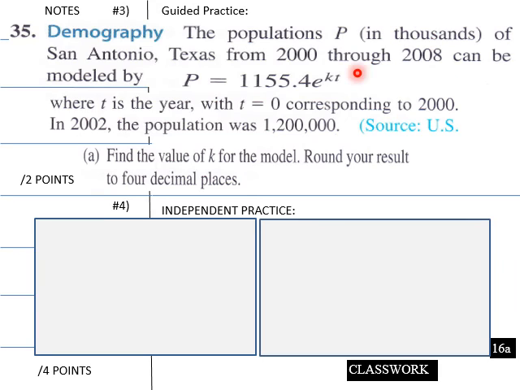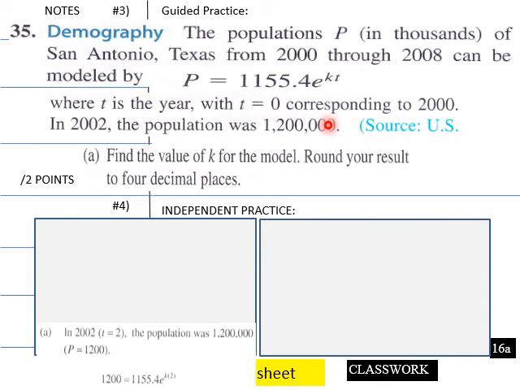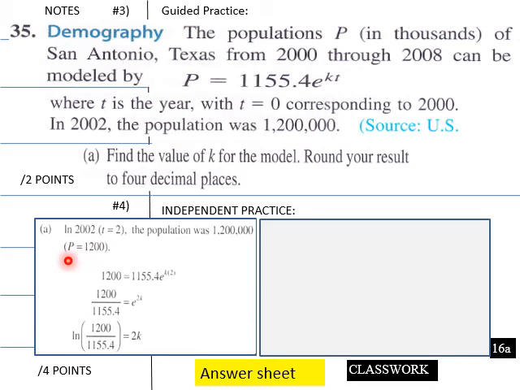Okay, so to do this, we did basically what we did with the fruit flies. We have 2002, t equals 2, the population was 1.2 million, p equals 1,200, p is in thousands. So we plug that into our original function up here, and we want to solve for k.